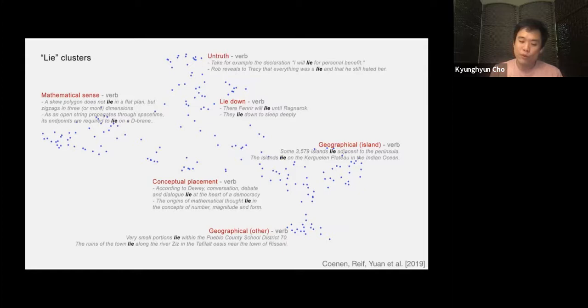Now, once we train this BERT, this kind of model, on a very large amount of data, does it actually learn so-called contextualized word vectors? It turned out that that's true. This is a figure I have adapted from Coenen, Reif, Yuan et al., 2019.